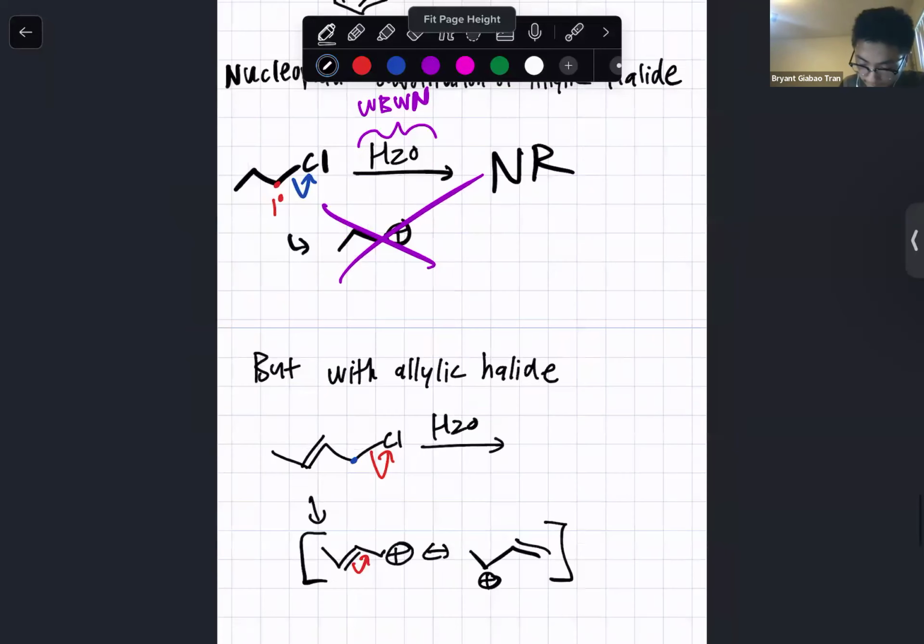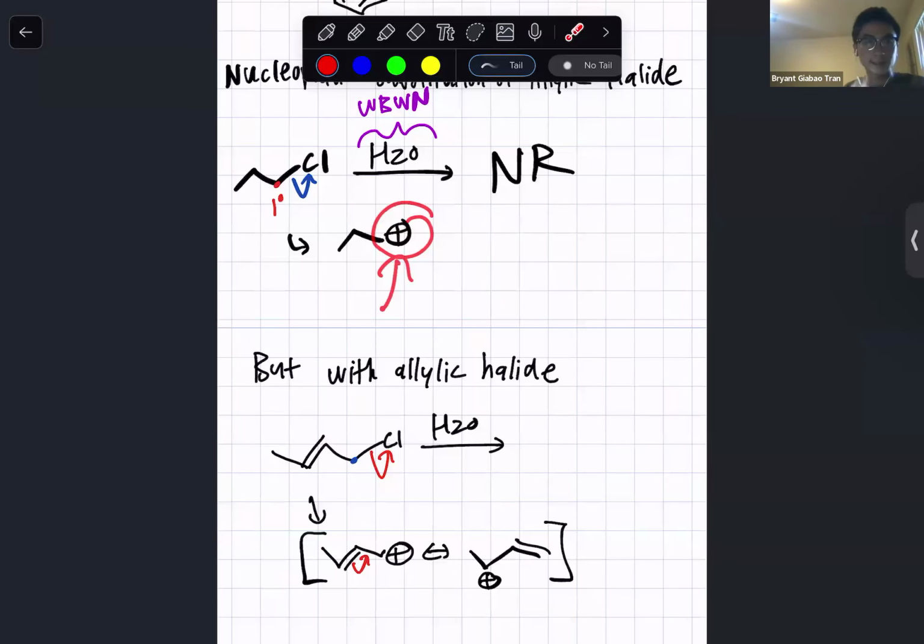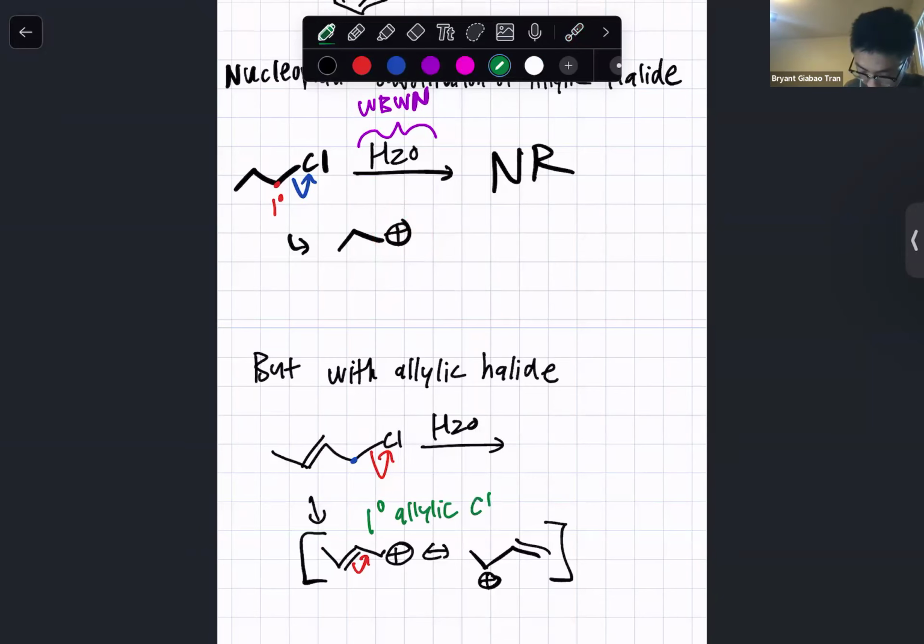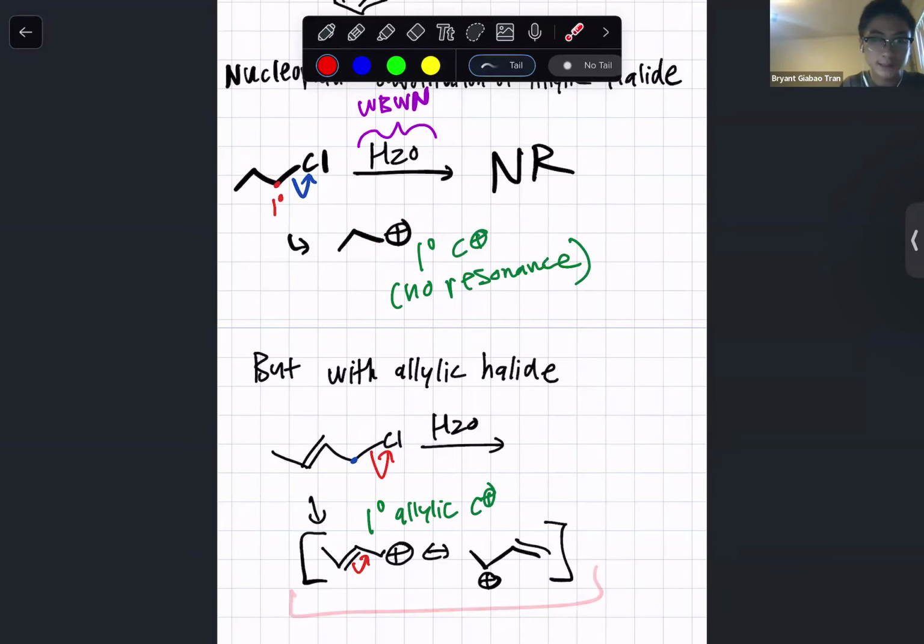Before, when we made that leaving group leave, this carbocation here cannot do any resonance at all, which is why it is really unstable. But this carbocation right here, even though it's primary, is a primary allylic carbocation. Whereas this one here is just a primary carbocation, not allylic. No resonance. Whereas this one does have resonance, which makes it more stable.